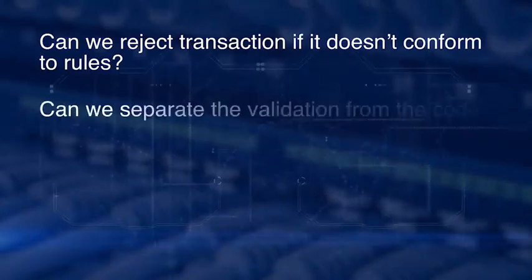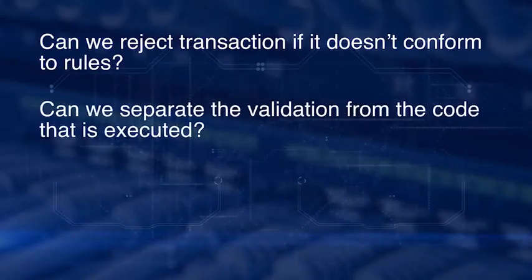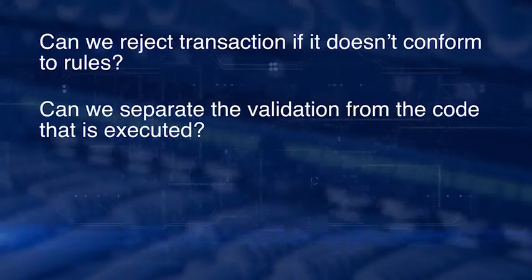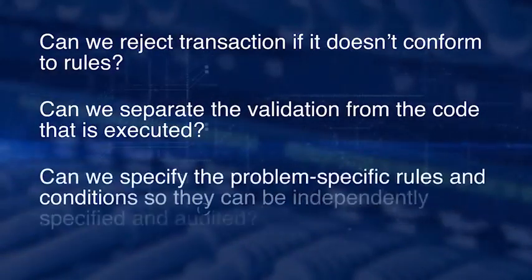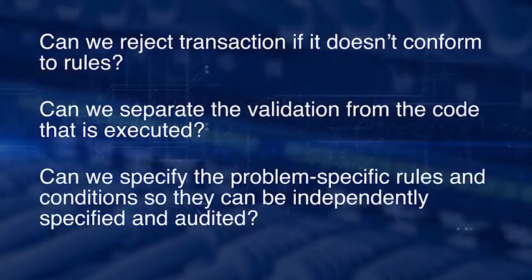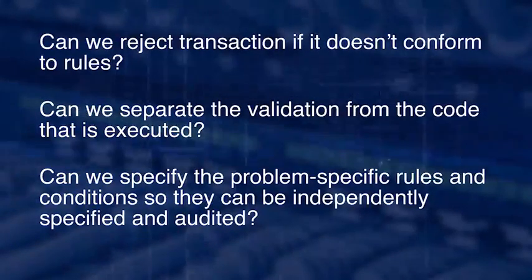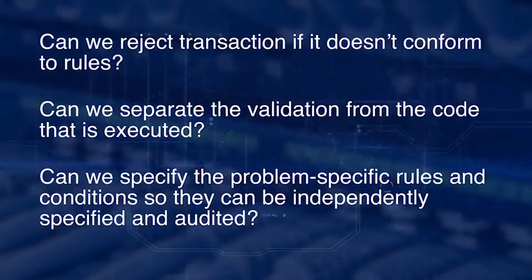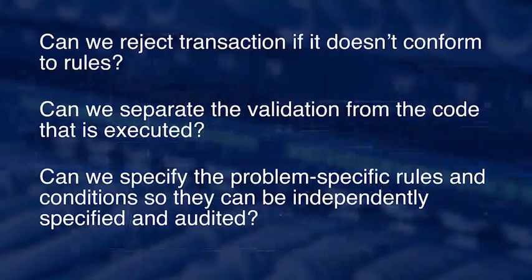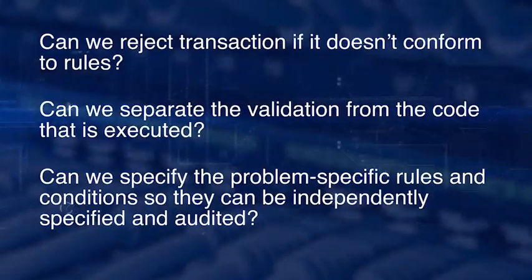Is there a way to separate the validation from the actual code that the function executes? Is there a way to specify the problem-specific rules and conditions declaratively so that they can be independently specified as well as audited to assure that the smart contract does what it's supposed to do?